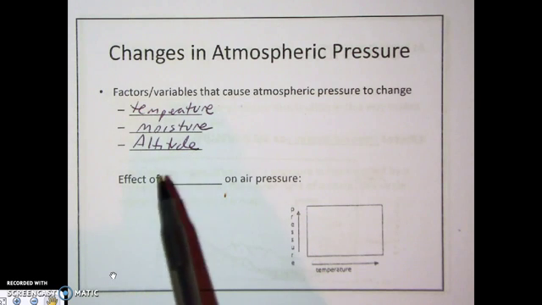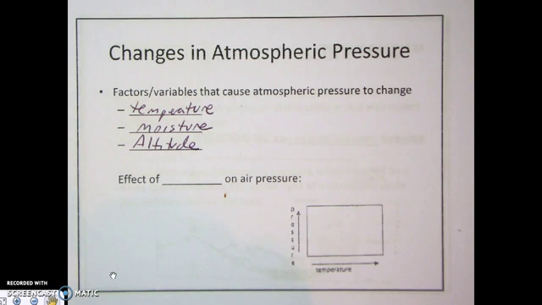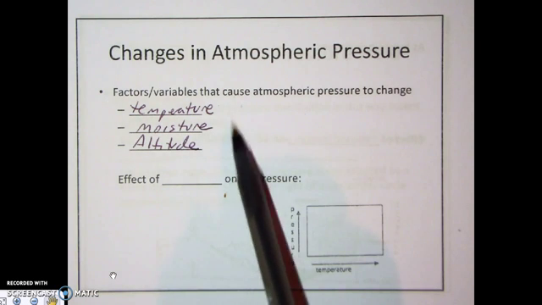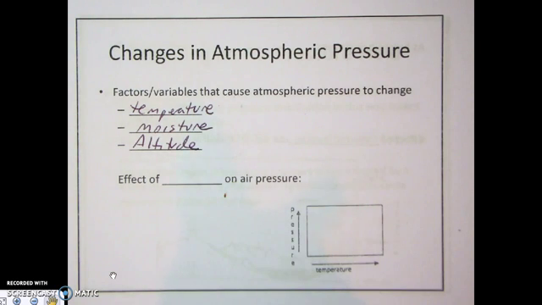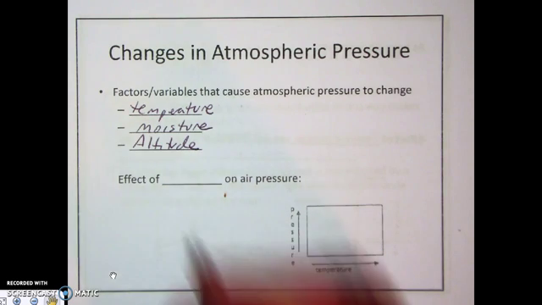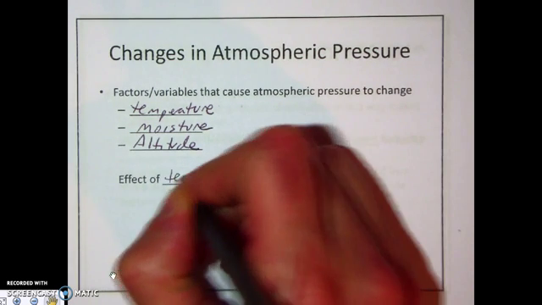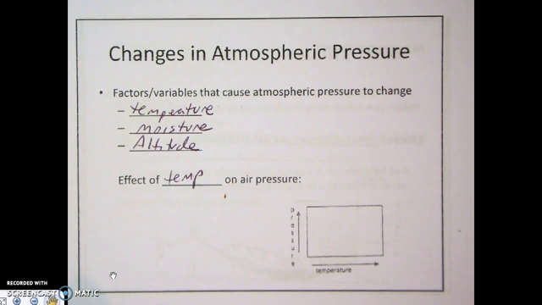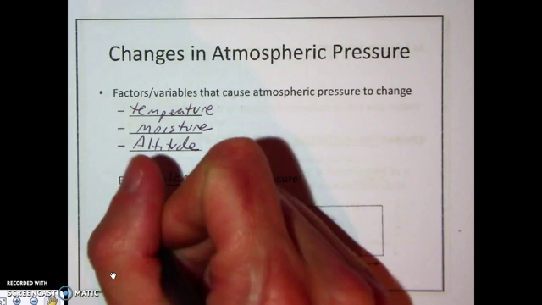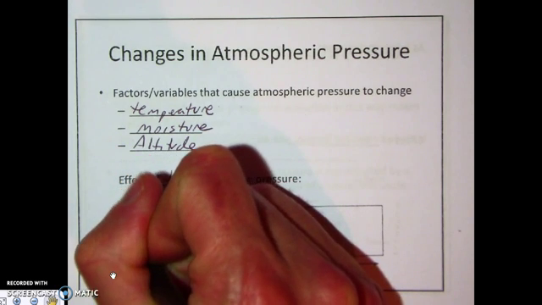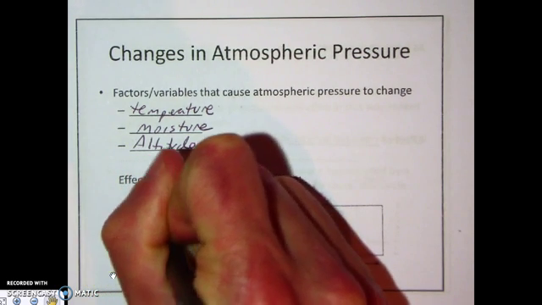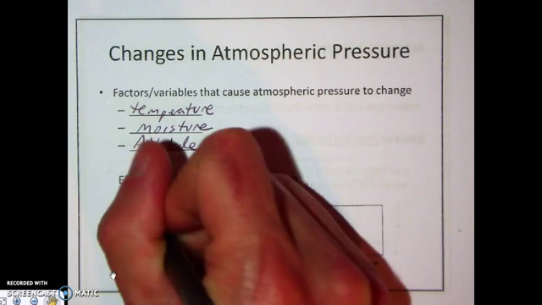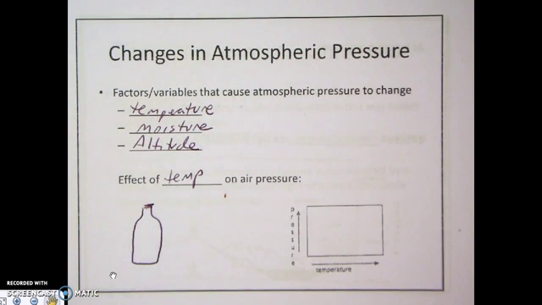Now, if we look at each one individually, well, the first two especially are a little more complex than it might seem. So if we take a look at temperature first, one of the things that's a little confusing about this is there's two ways we can think about it. If we think about, say, something like a bottle, let's say that's my bottle, and let's say I have the cap on it tight.